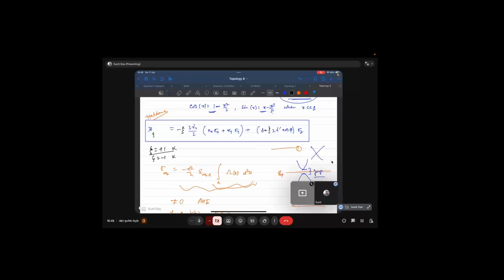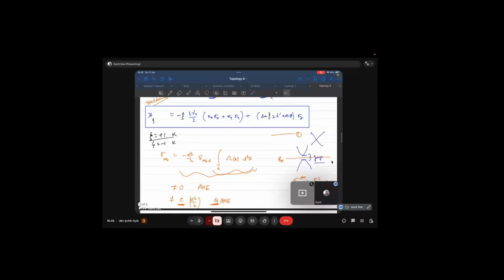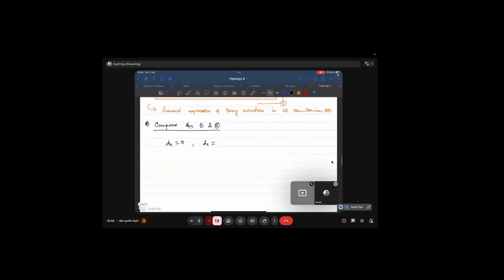So this is the general Hamiltonian. This part is associated with the sigma x, so this is the dx. dx will be minus xi 3 gamma 0 by 2 kx. Similarly, dy will be plus xi 3 gamma 0 by 2 ky.